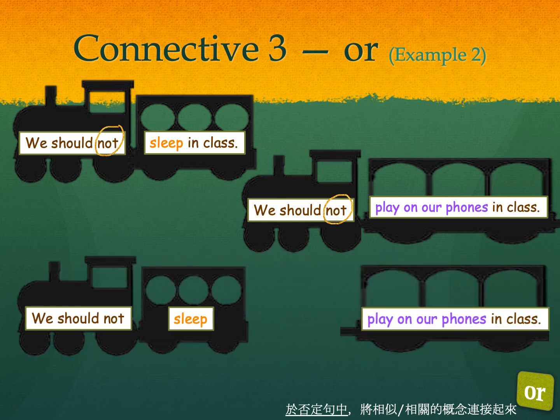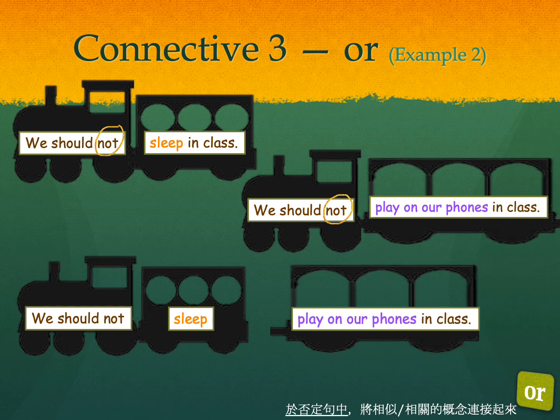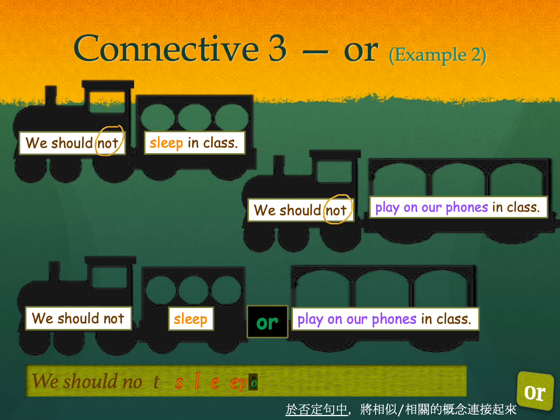Play on our phones. So once again, you can see we don't copy in class two times. We just have to put it once at the end of the sentence. And we use or to join the two negative statements together. It becomes, we should not sleep or play on our phones in class.